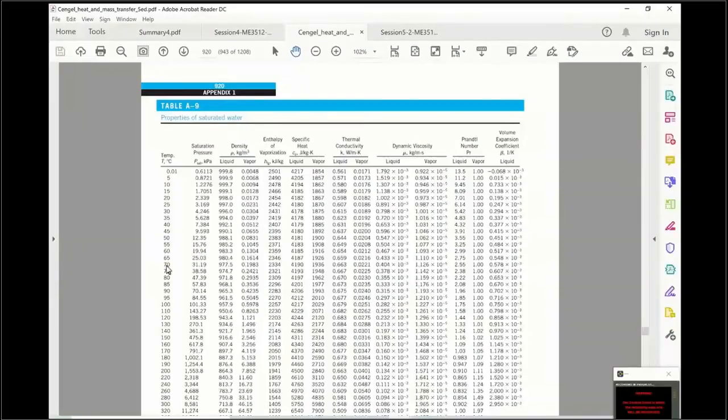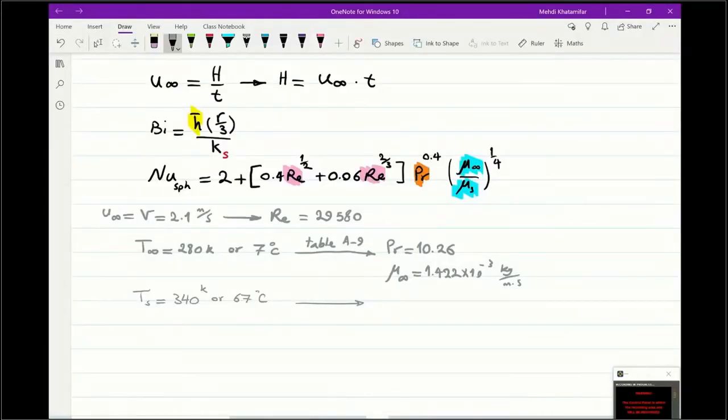Mu is going to be between 0.4 and 0.42. If you interpolate this, you are going to have 0.42 times 10 to the power minus 3 kilogram per meter second. Okay, now we found all the parameters we needed.